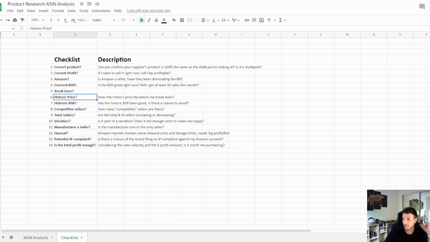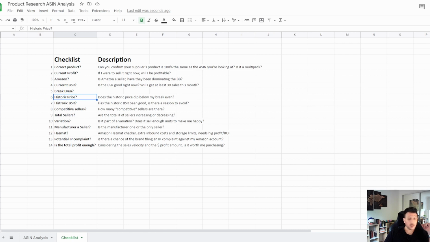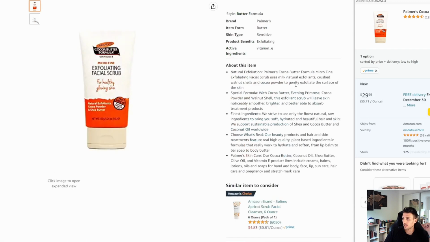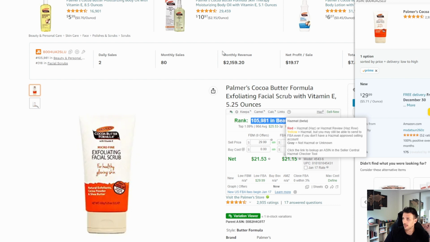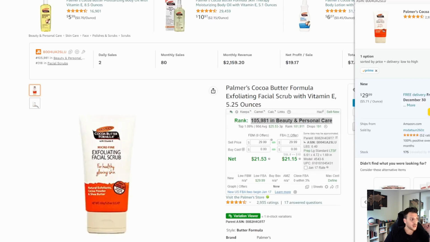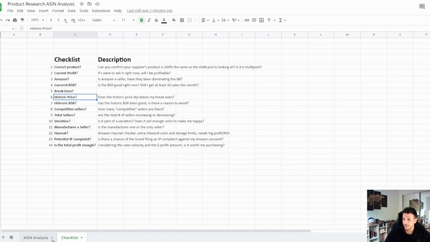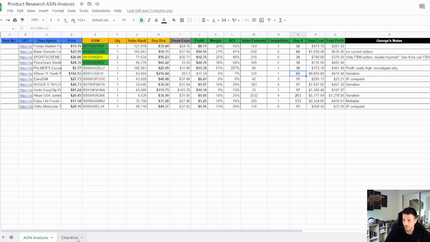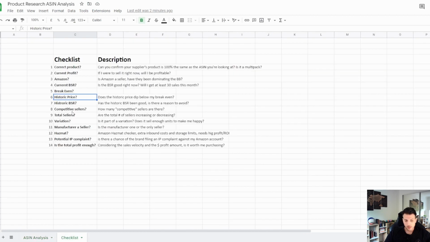Is it hazmat? I'll quickly check off screen if it is hazmat. So is it hazmat?